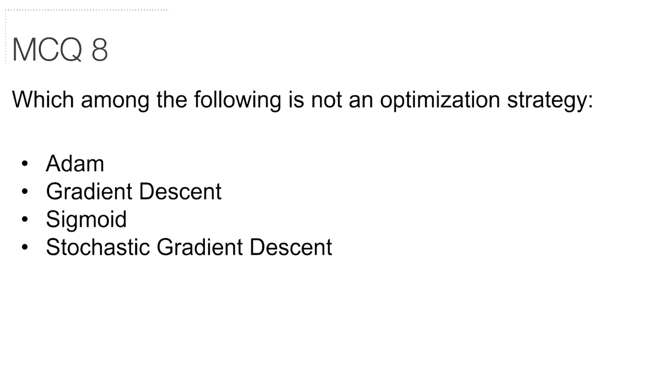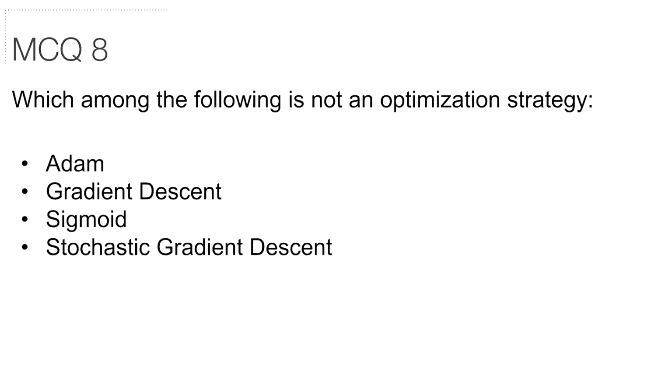Which among the following is not an optimization function? An optimization strategy, a function, a technique. Can it be sigmoid? What is a sigmoid? It's an activation function, right?